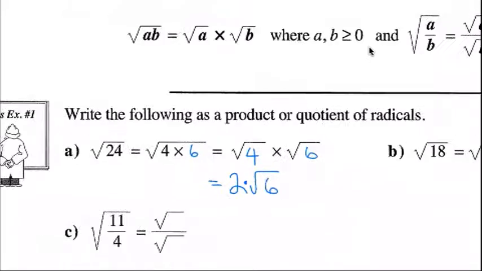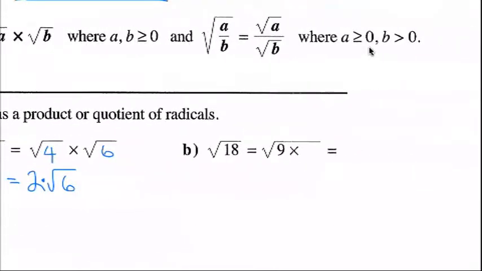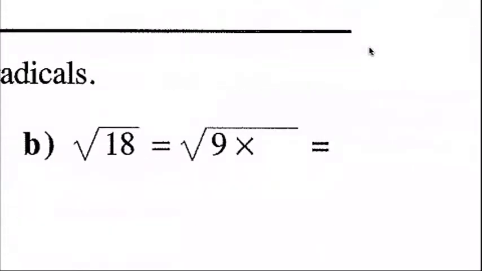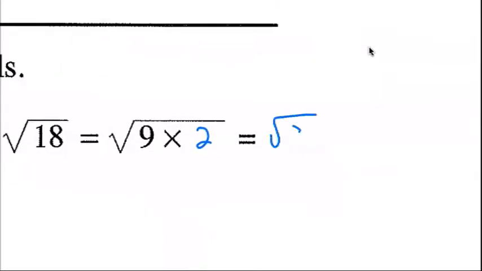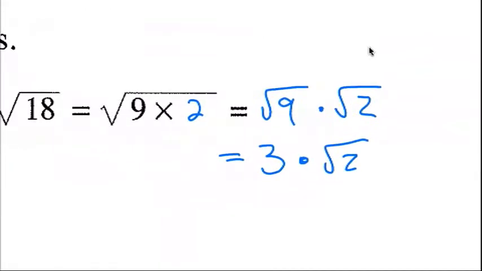If we look at the square root of 18, that's the square root of 9 times 2, which could also be written as the square root of 9 times the square root of 2. And the square root of 9 we know is 3. So this could be 3 times the square root of 2, and then more simply written, 3 square root 2.